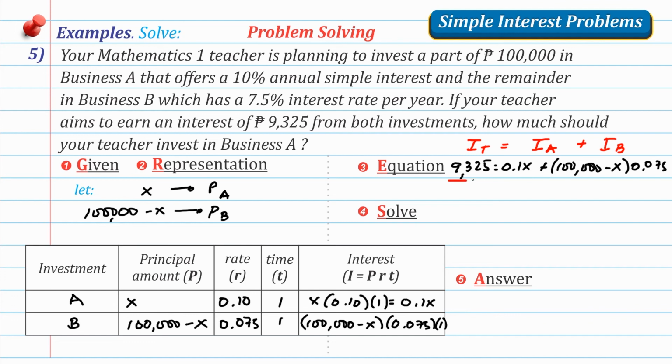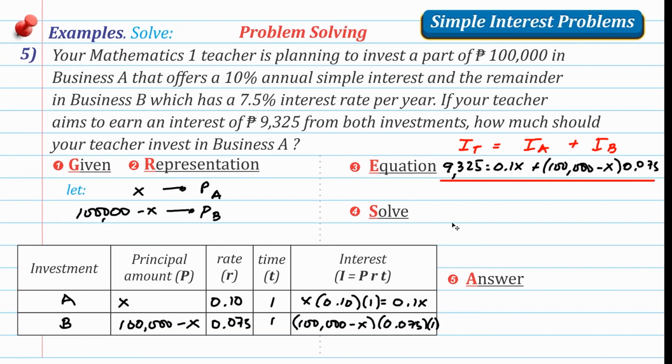Now, this is our working equation. That means we have to solve it. Simplify by distributing 0.075. So, we now have 9,325 is equal to 0.1x plus what's 100,000 times 0.075?